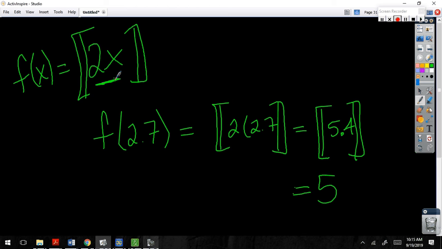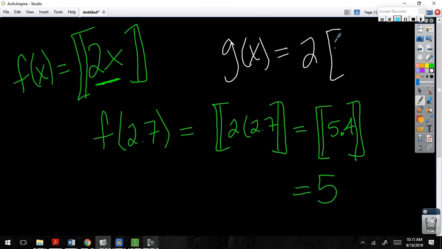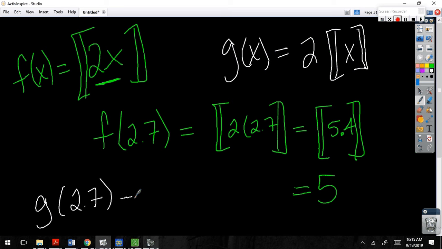Totally different if I said g of x is 2 times. Well, this becomes a different problem, right? This becomes g of 2.7 would mean I do that inside first. Exactly.